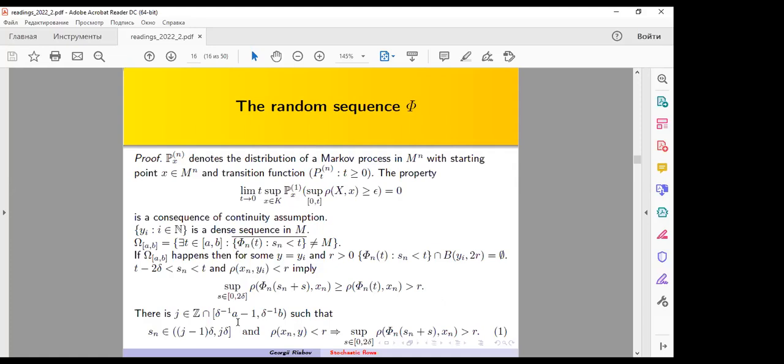Okay, now since t belongs to the segment AB, we divide this segment into intervals of length delta, and we have the following property. If we have s_n from one interval and the distance from x_n to y is at least r, then the deviation from initial position will be at least r.